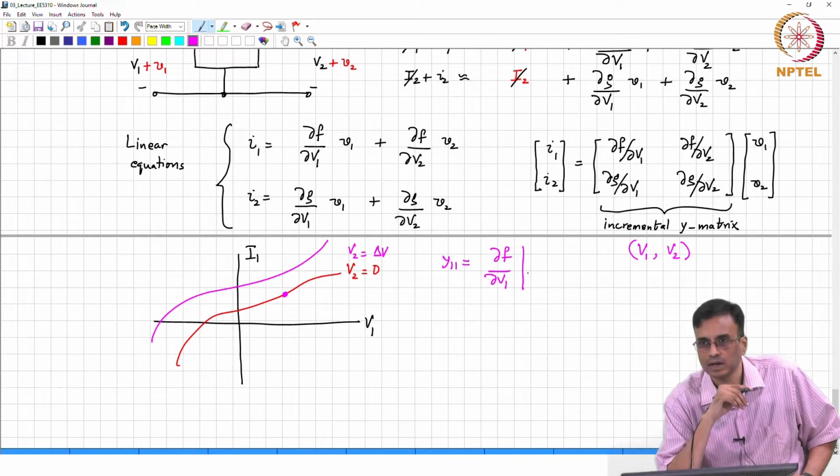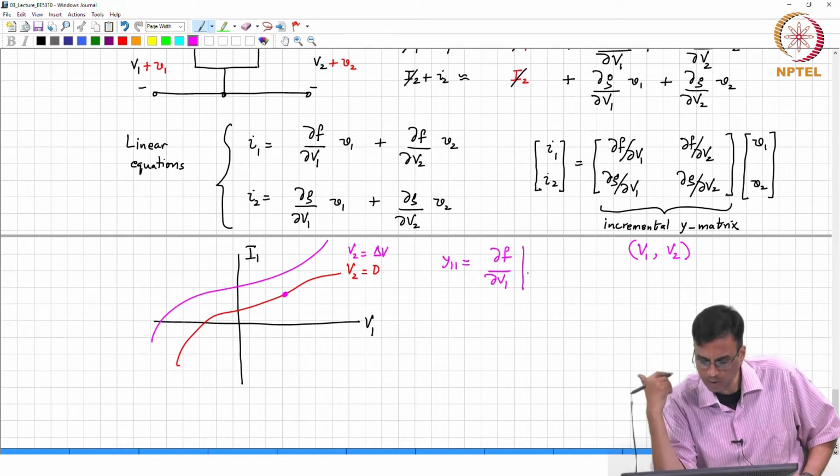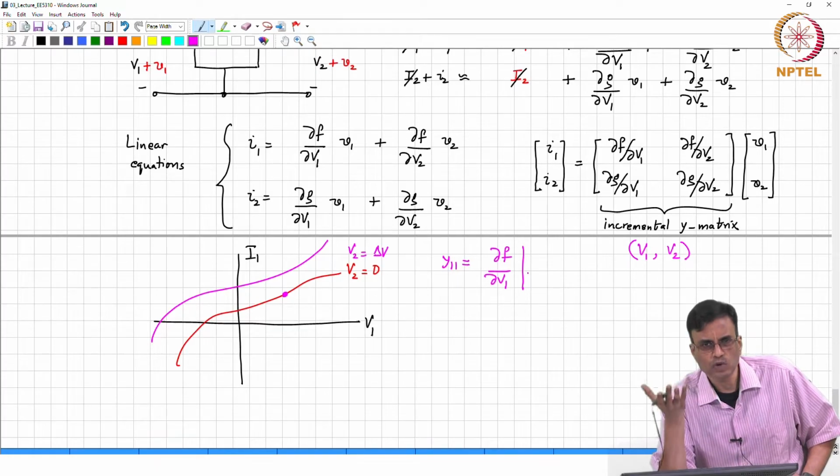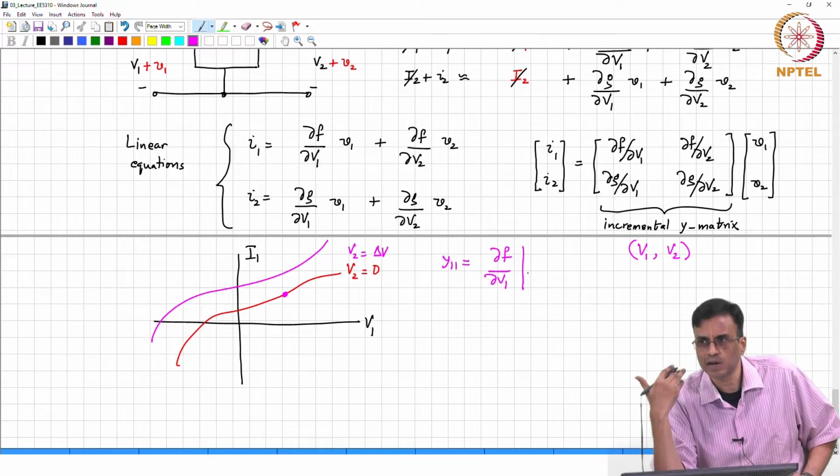Okay. When the network is non-linear, we can only talk about the incremental admittance parameters. So, what is the incremental y11? In the linear case, it was the ratio of the input current to the input voltage when the output voltage was 0. When we talk about incremental quantities, what should we say?